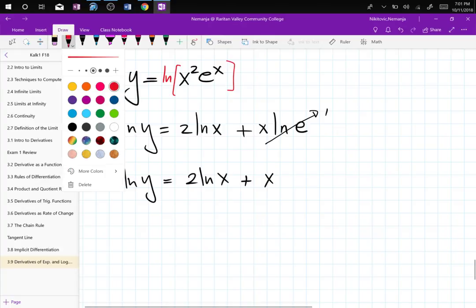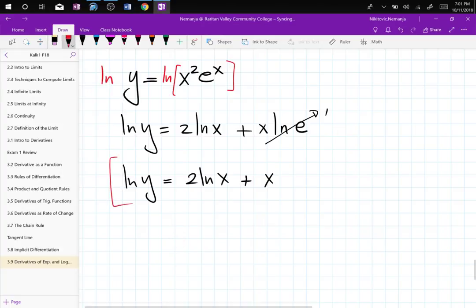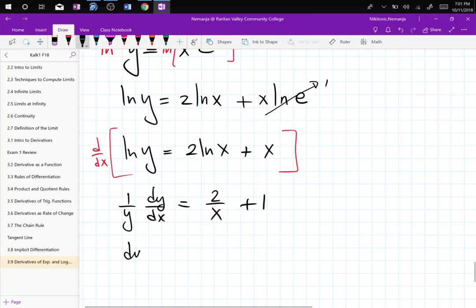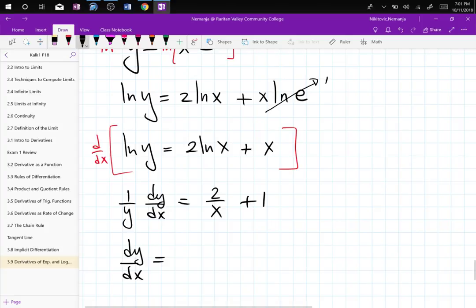So now, when we hit this with the derivative, d dx, you will get 1 over y dy dx is equal to, and now the derivative here is 2 over x plus 1. So dy dx is equal to y, and y is x squared e to the x, times 2 over x plus 1.